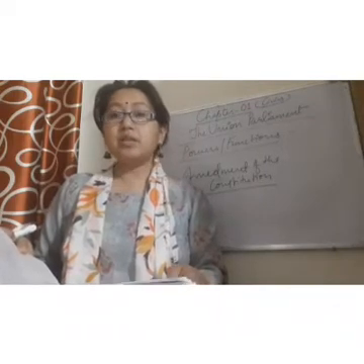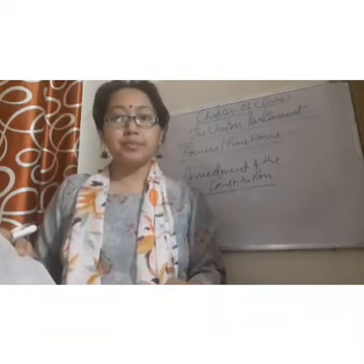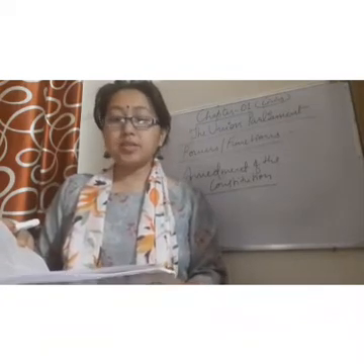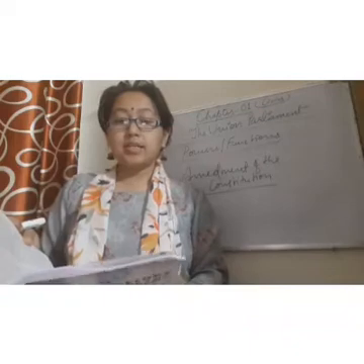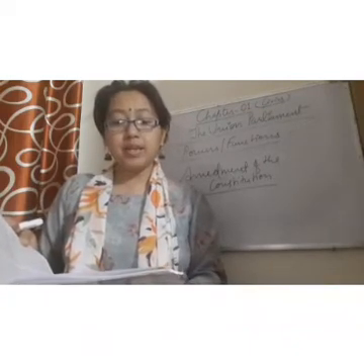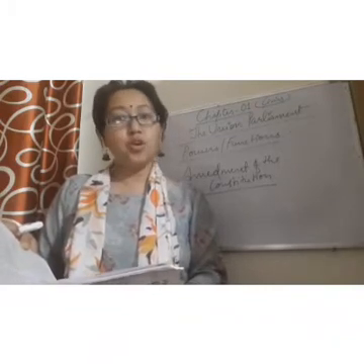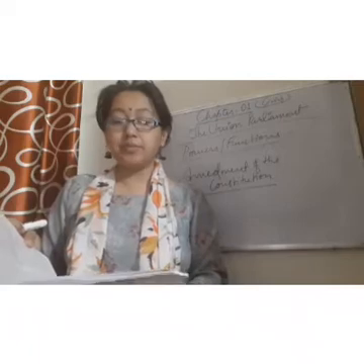So the Parliament will make the decision on that matter. It is important to remember that a constitution amendment bill can be initiated only by the Parliament, not by the state legislature, right?